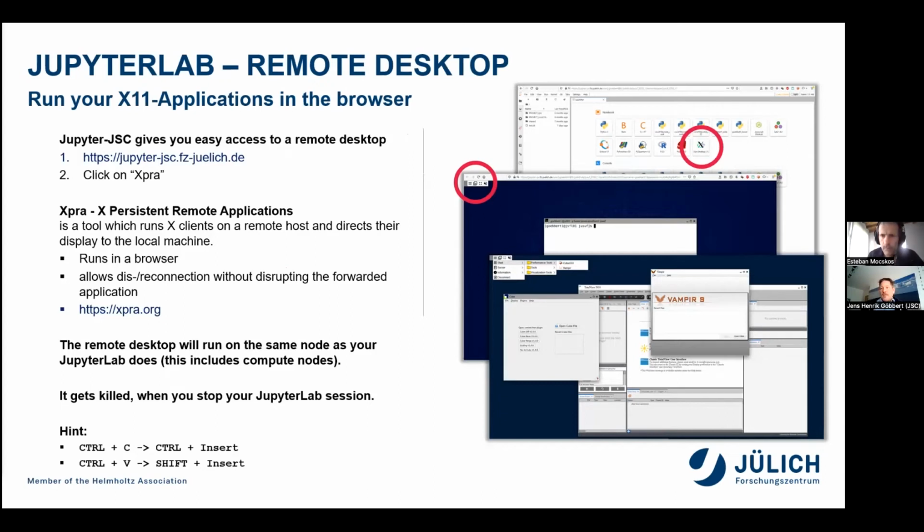Xpra is running side by side with JupyterLab, and one can use the tunnel through the JupyterLab server to allow the user to click the button Xpra, and then in a second tab, the remote desktop comes up on the same node where JupyterLab runs. So a remote desktop just on the compute node where your system runs, and you can do performance engineering or whatever you need a graphical remote desktop for. So this is all possible with this extension, Jupyter Server Proxy.